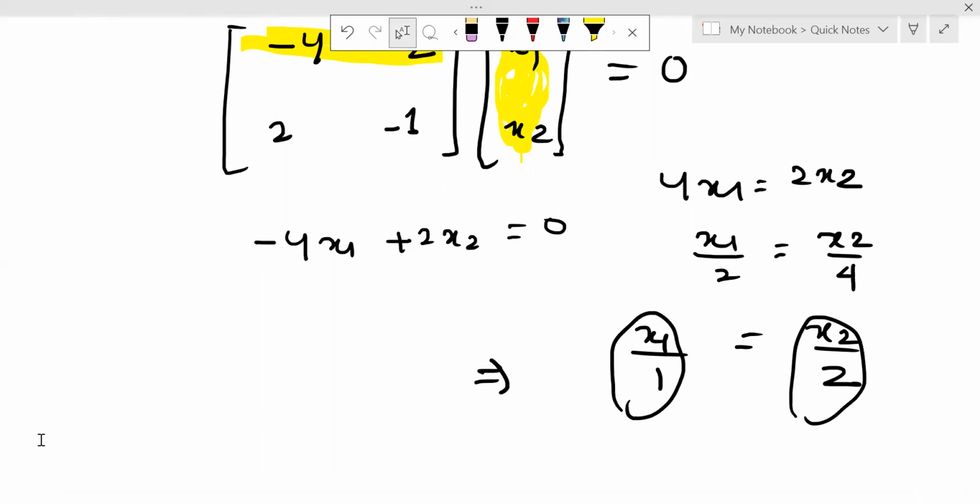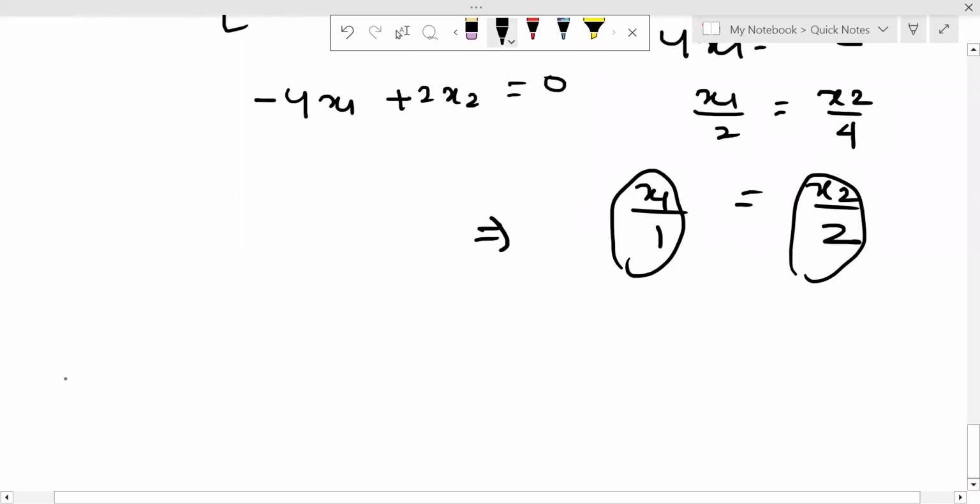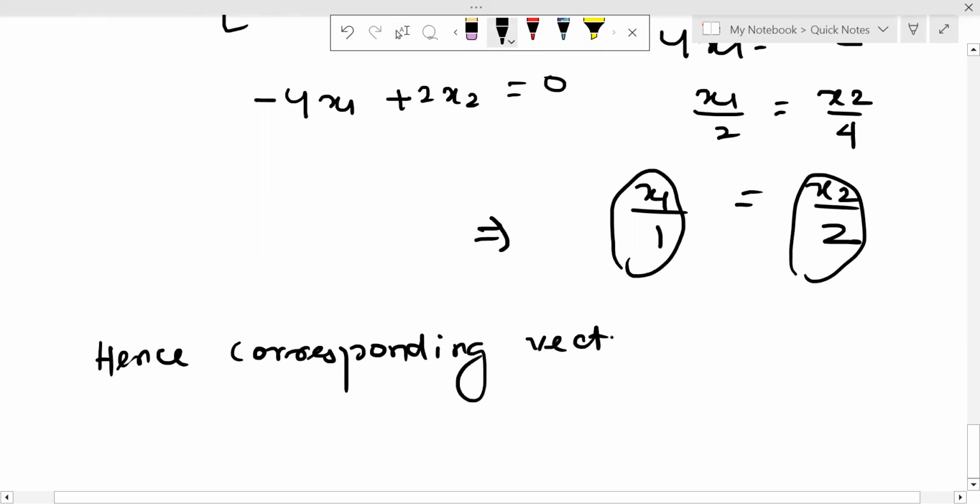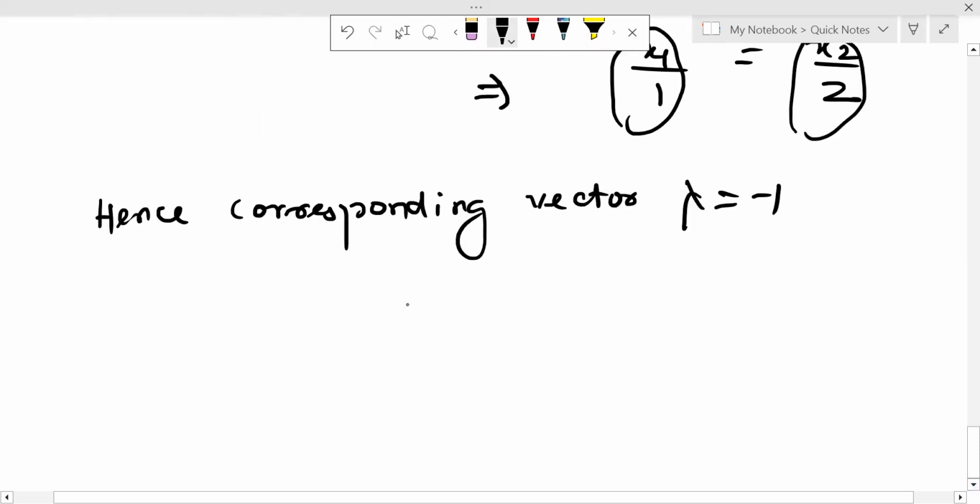Hence the corresponding vector for lambda equal to -1 is x1, x2, that is 1, 2.